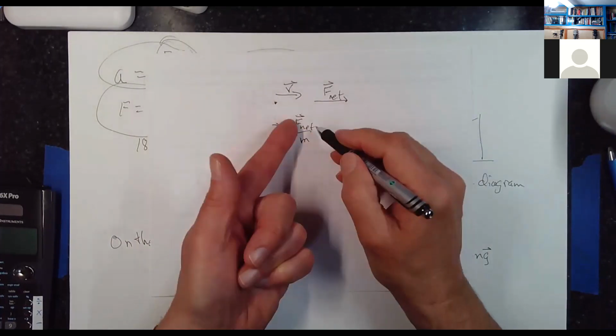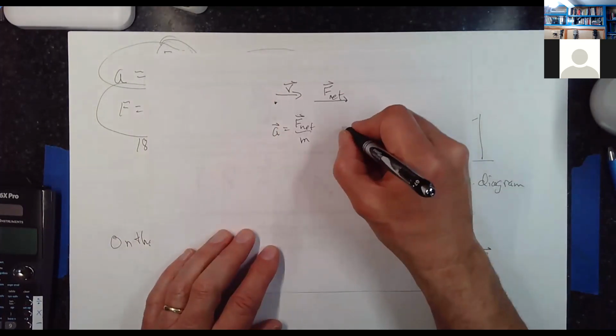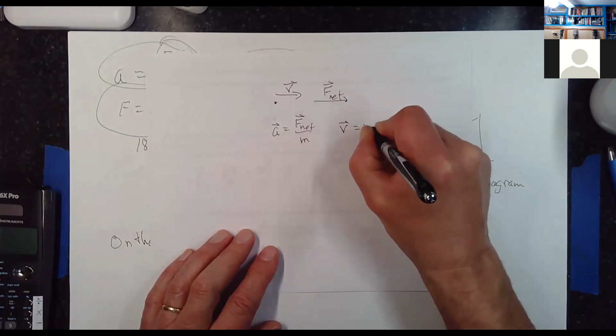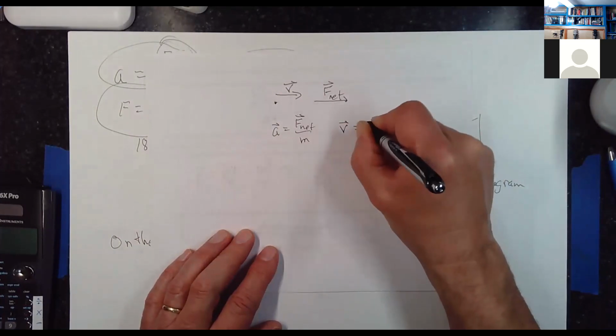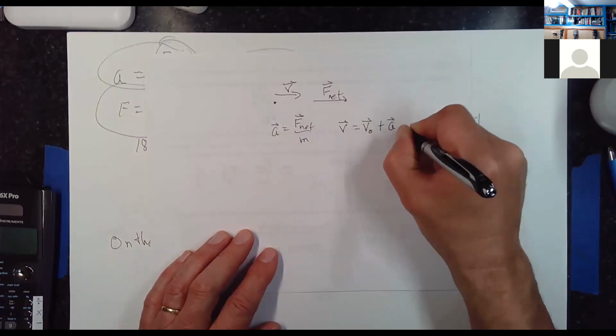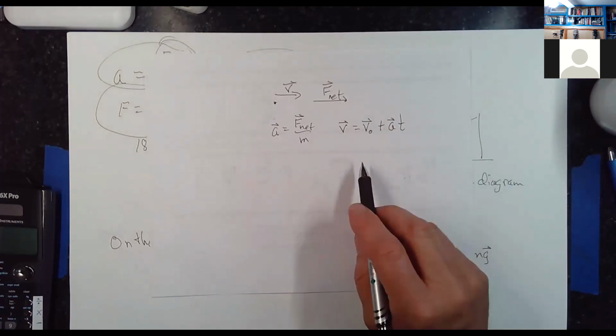And if the net force is constant, then the acceleration will be constant, and we'd be able to say that the velocity will equal v naught, whatever it was initially, plus that acceleration times time. And so then we could deal with a constant acceleration equation.